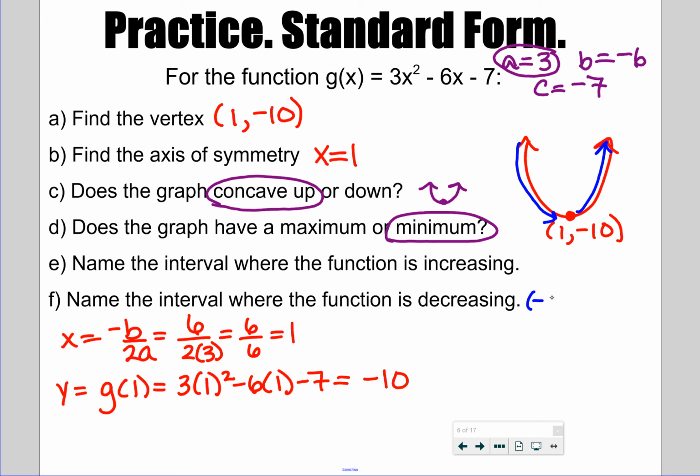So we would say that it is decreasing from -infinity to 1, and then increasing from that x value 1 to infinity. Remember, for the purposes of this, increasing and decreasing, you only need x values, so that y value of -10 should not pop up anywhere in those intervals.